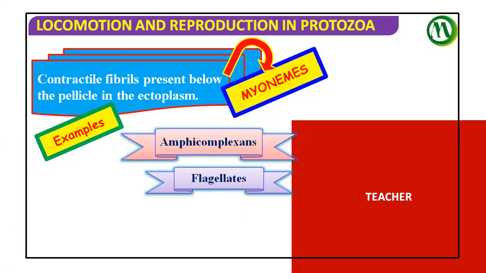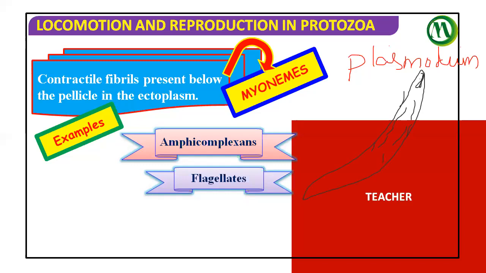In the case of Plasmodium vivax, Plasmodium you may know very well, the major stage of Plasmodium is the sporozoite, which shows the locomotion. So in that sporozoite, you can see these contractile microtubules present.